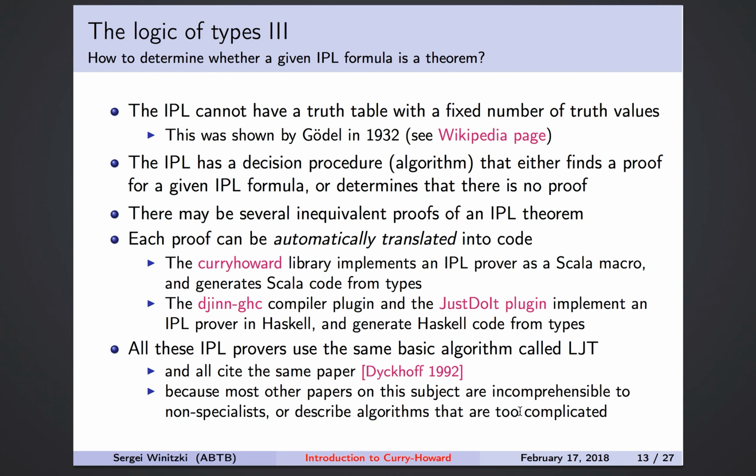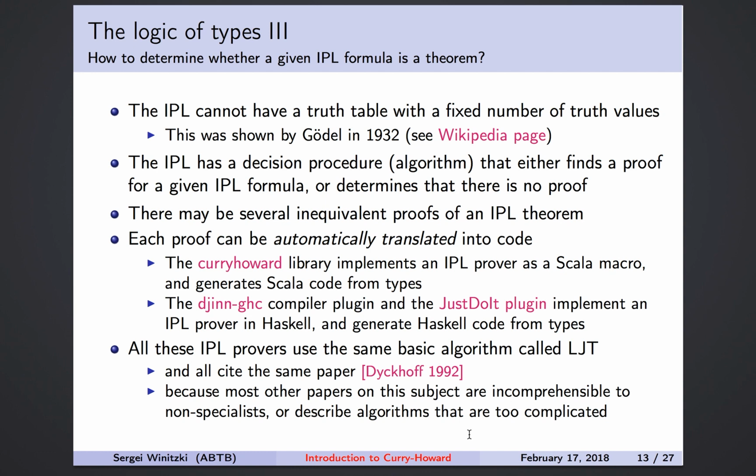So a theorem could have several inequivalent proofs, and since each proof could be automatically translated into code of that type, it means we could generate several inequivalent expressions of some type sometimes. So that is the situation with this logic, which we discover if we read papers about intuitionistic propositional logic that are available in the literature.